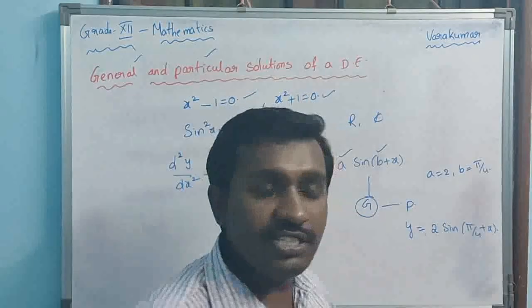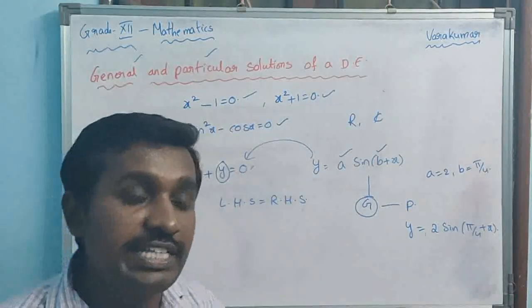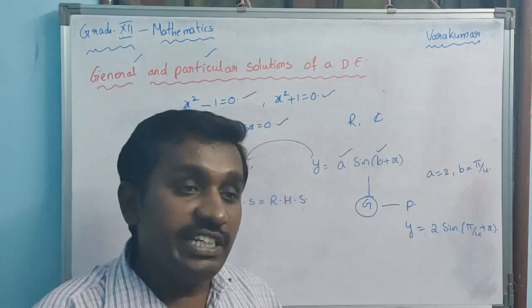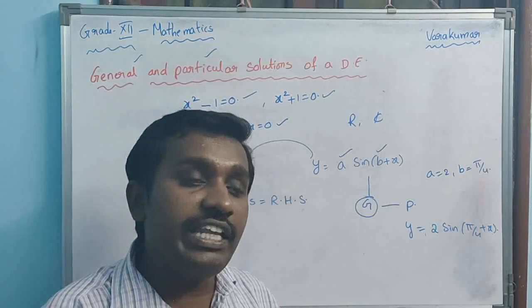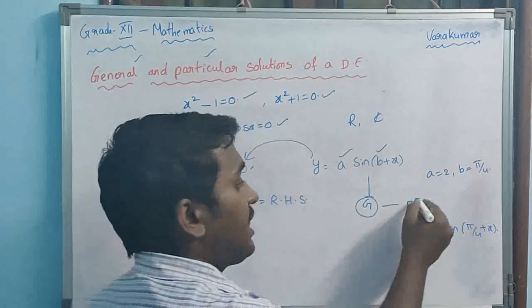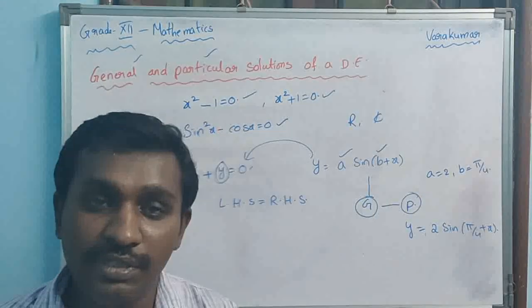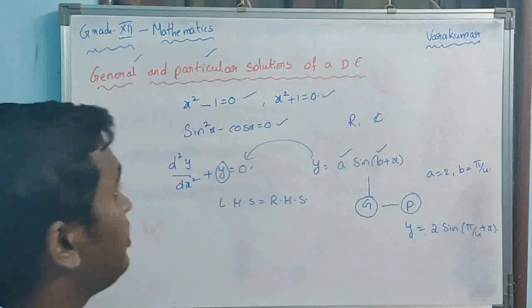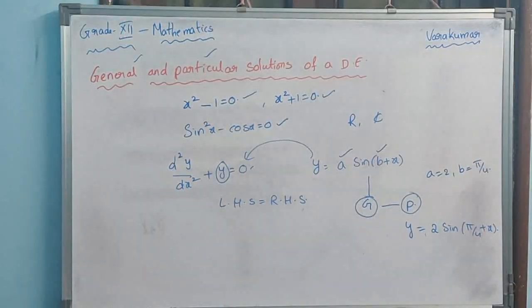So if a solution does not have any arbitrary constant, then it is called a particular solution. Now we have covered general solution and particular solution.